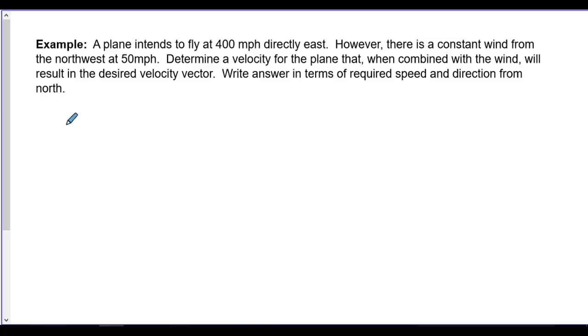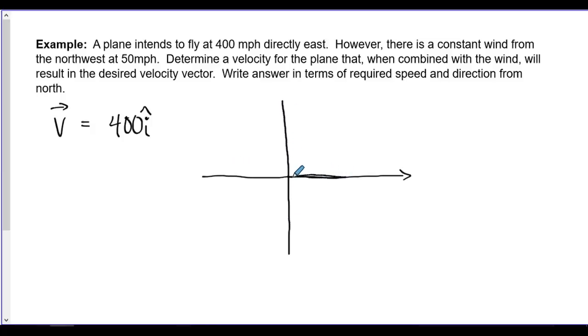So let's record some of the things we have. Maybe we could start off with the velocity that we want is 400 times the unit vector i. You start with a picture too. So if what I want is a vector that looks like this with a magnitude of 400, I'll now think about this wind from the northwest.